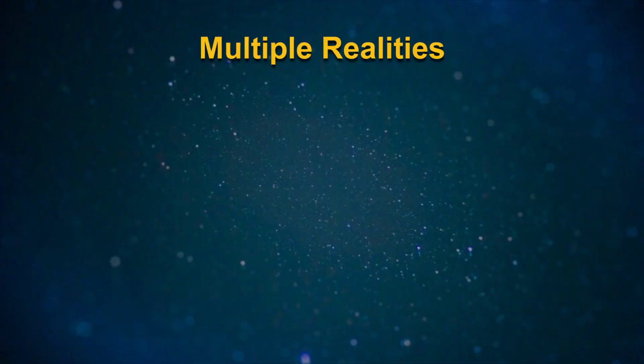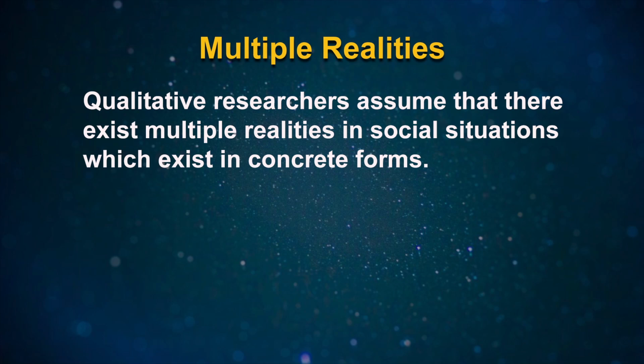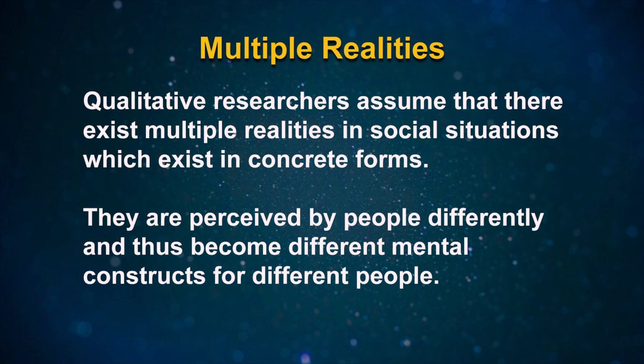First, multiple realities. Qualitative researchers assume that there exist multiple realities in social situations which exist in concrete form. They are perceived by people differently and thus become different mental constructs for different people.